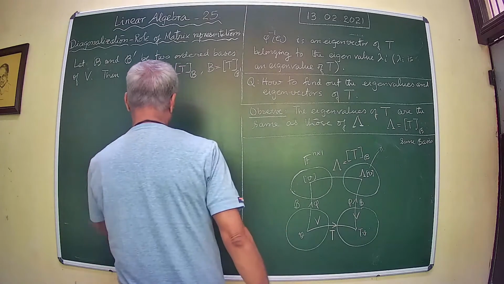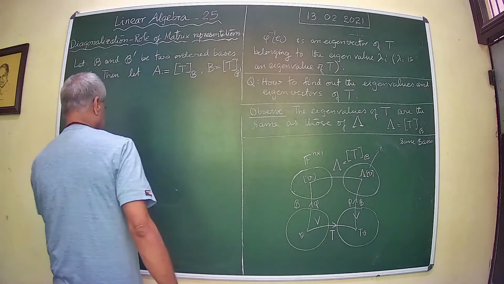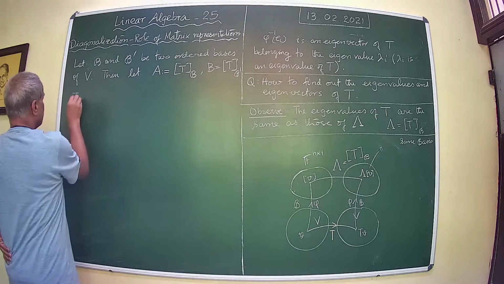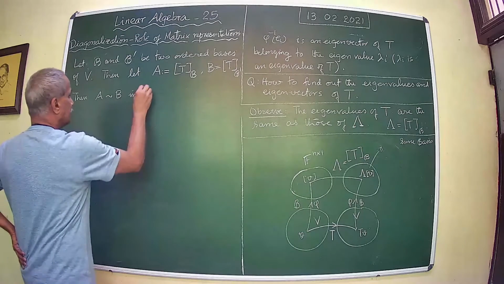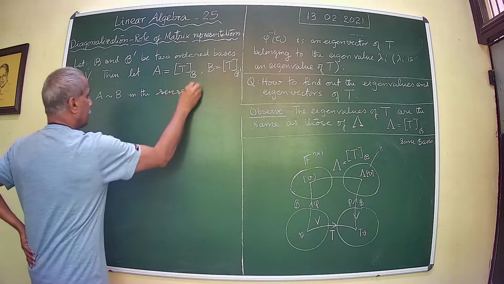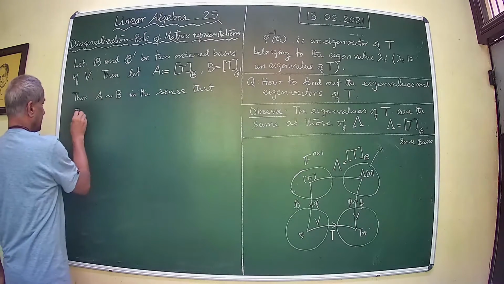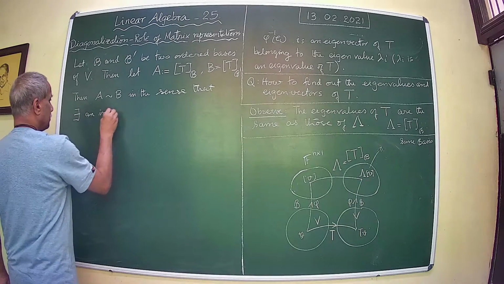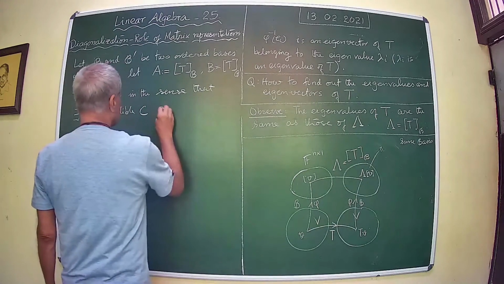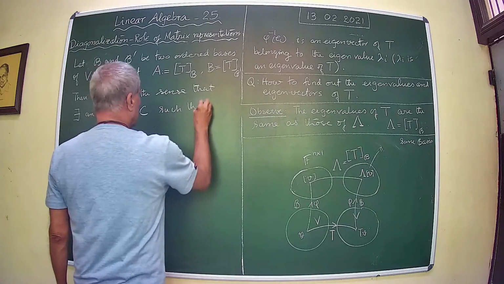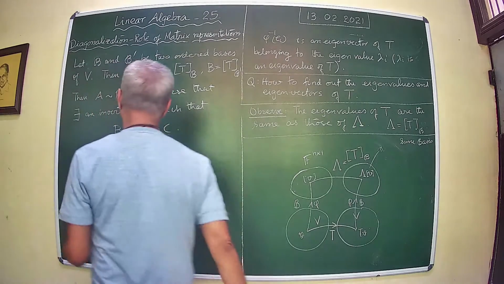The observation is that see, there are certain invariants of A and B, in the sense that there exists an invertible C, an n by n matrix, such that B equal to C inverse AC.